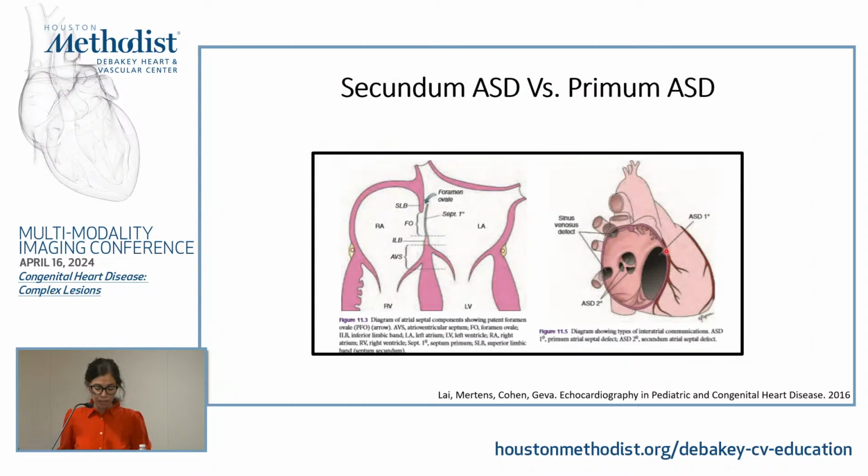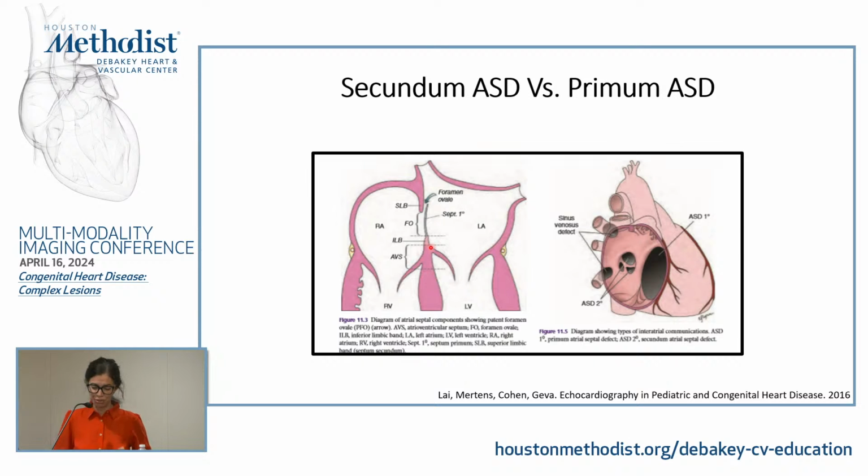Okay. So what's the difference between a secundum ASD and a primum ASD, from a very pragmatic approach? More than anything, it is the location of the defect, yeah? So we said the secundum ASD is located in the fossa ovalis, and the primum ASD is located at the crux of the heart.